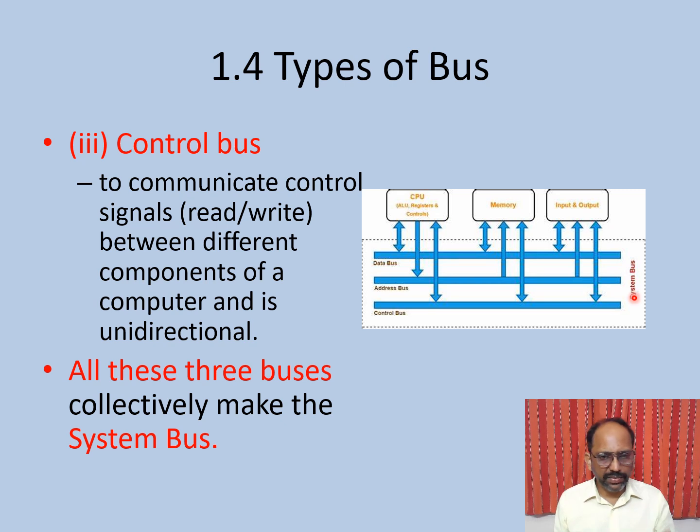The control bus will generate the read control signal. The address bus will search subject 1 marks location. From that location, the subject marks will be carried through data bus to CPU.